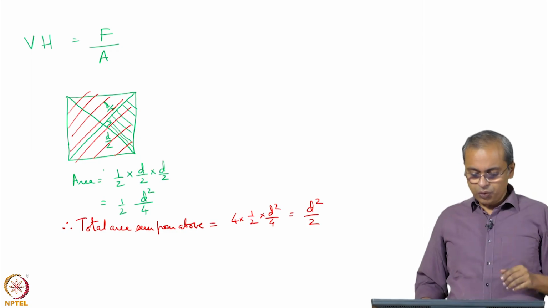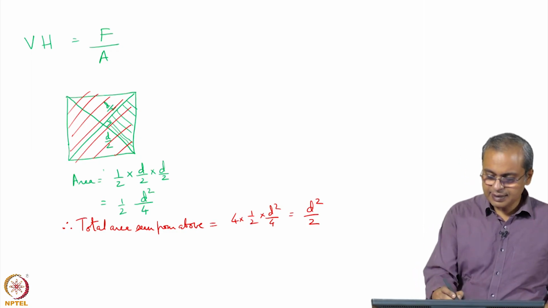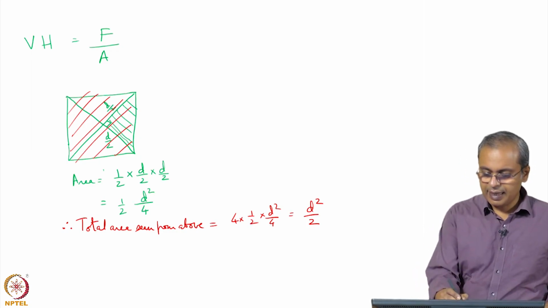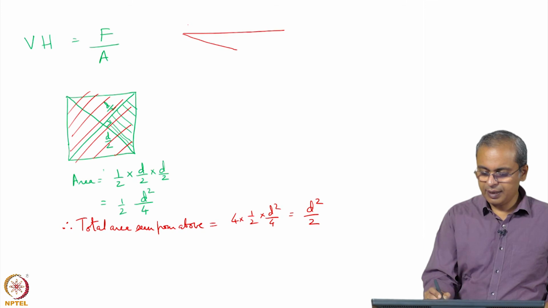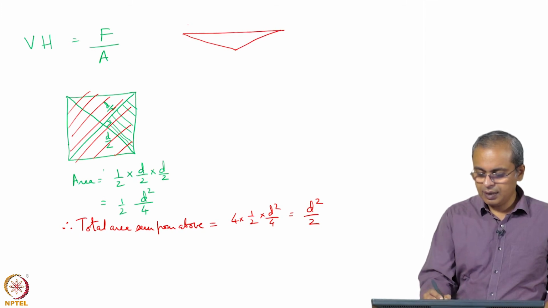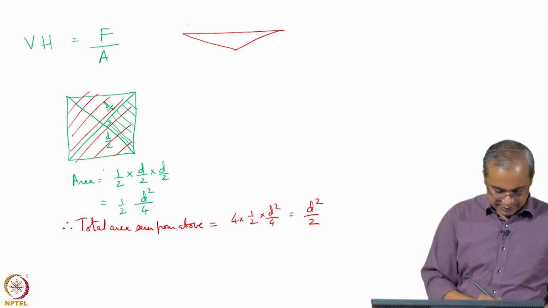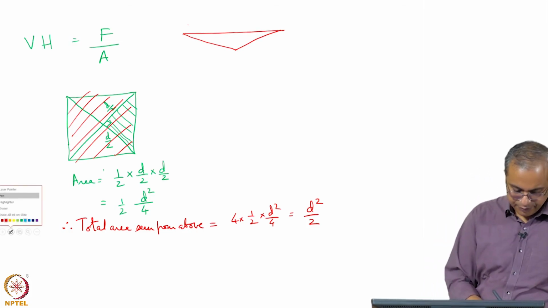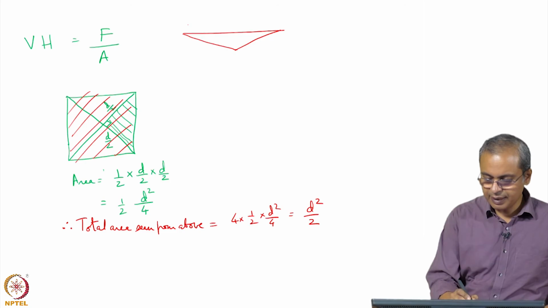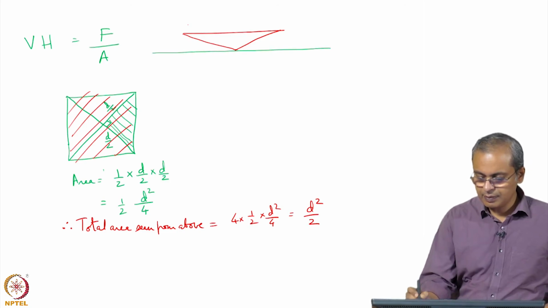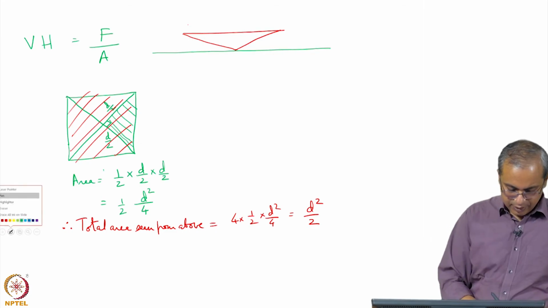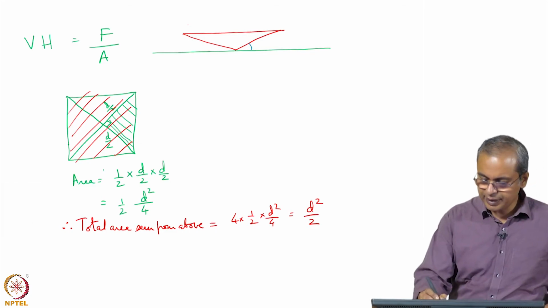Now, we also know that the indentation has happened at an angle, and that angle is 22 degrees. So, if you see the indenter, and let us say this is the surface of your sample, that is the indenter and this is the surface of your sample, then this angle is 22 degrees.